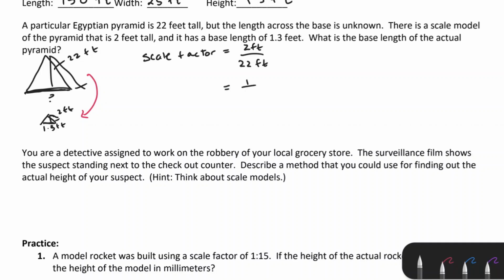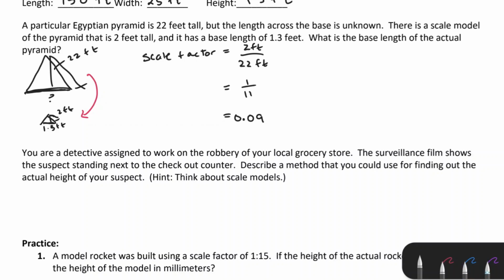So my scale factor is 1 over 11. The model is 1/11 of the height, which means it's 1/11 of the width. Or as a decimal, it's 0.09. So I have my scale factor.